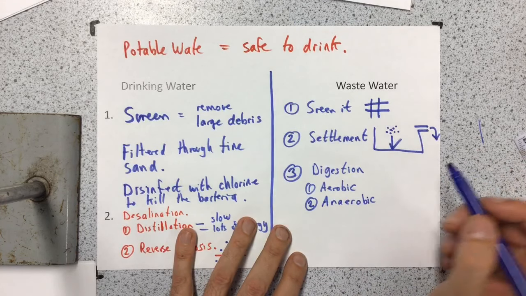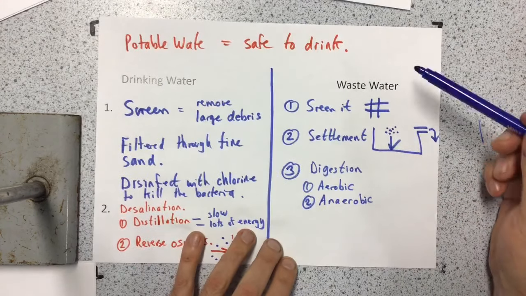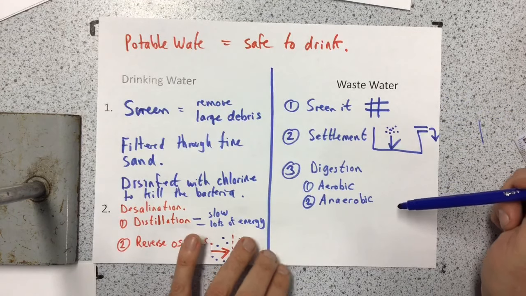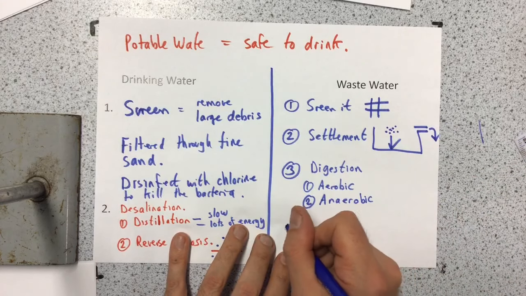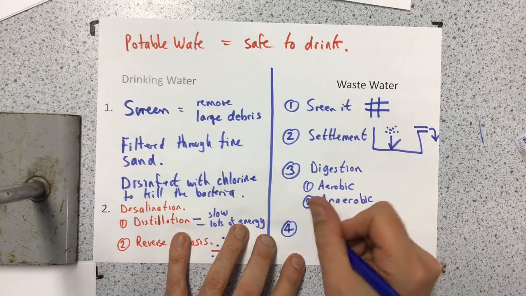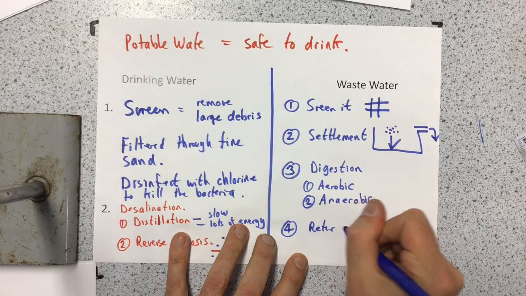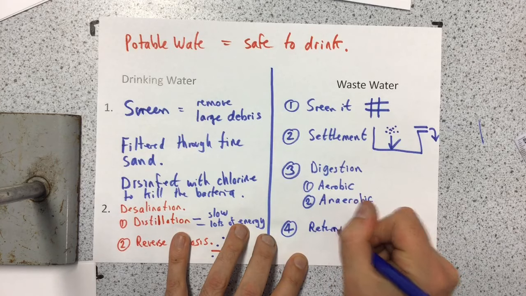Okay, now that that's happened, we've taken out the large bits, the small bits, and we've taken out lots of the organic material, and that is now clean enough to return to the river.